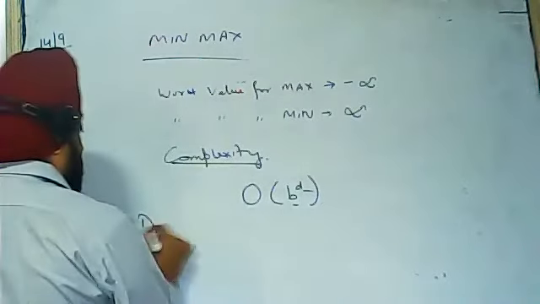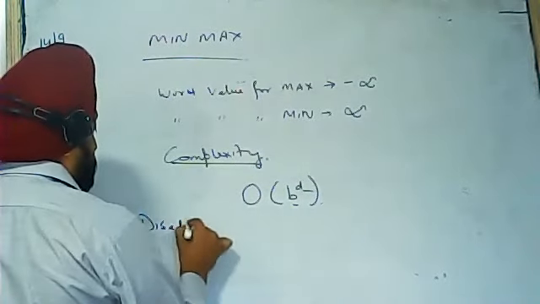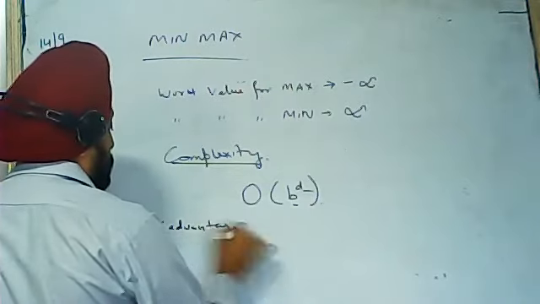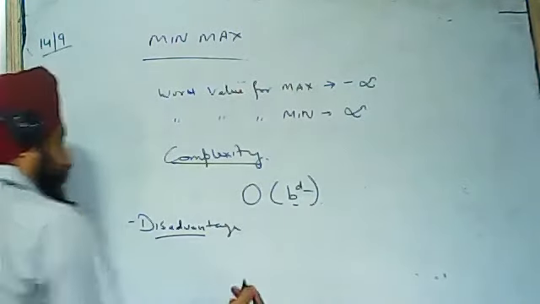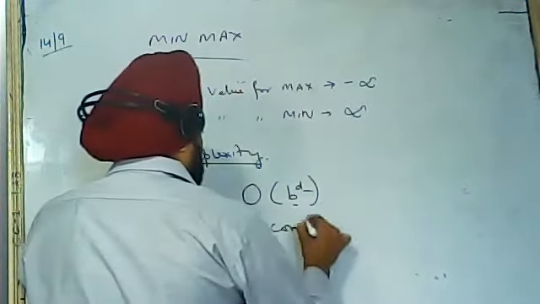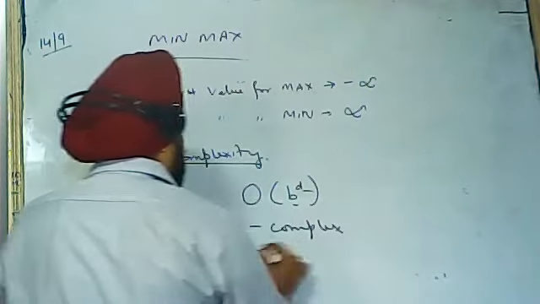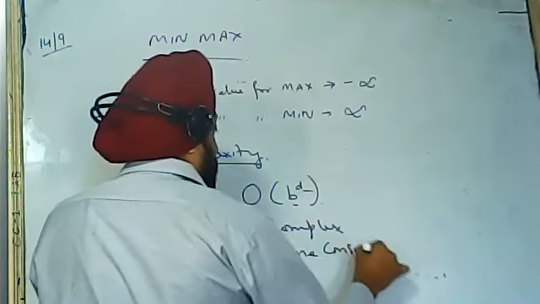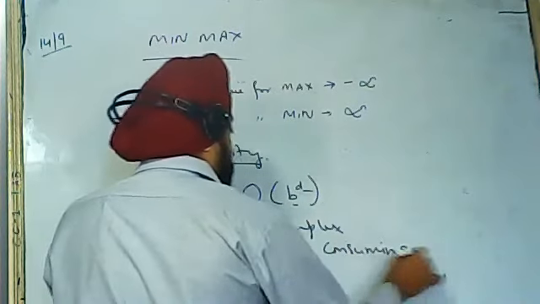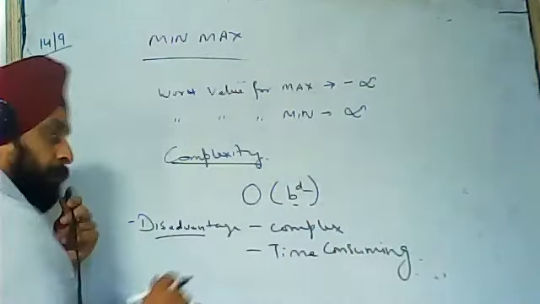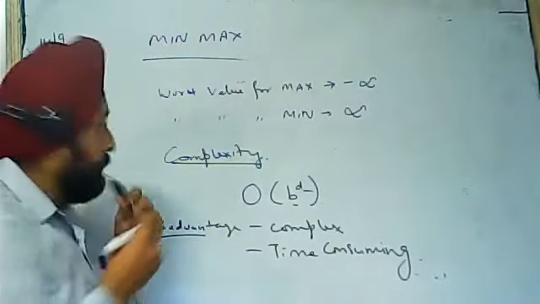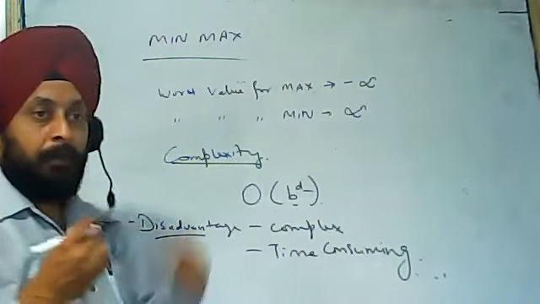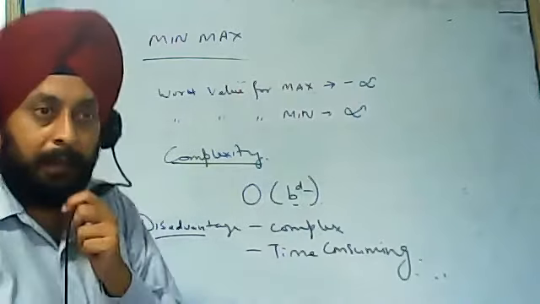The main disadvantage: if tree size is very high, it becomes complex and time consuming. So therefore, to overcome this problem of the min max, we move to the alpha beta pruning.